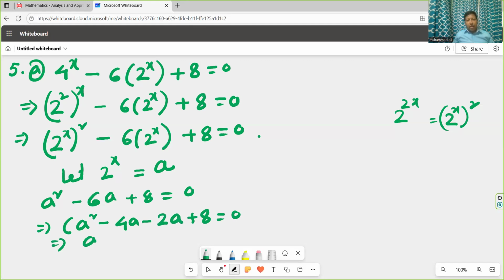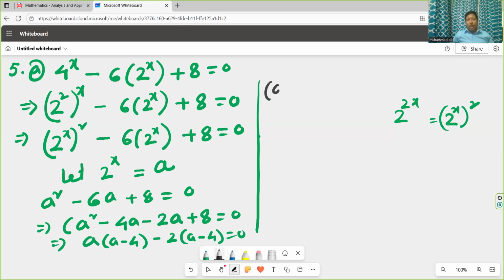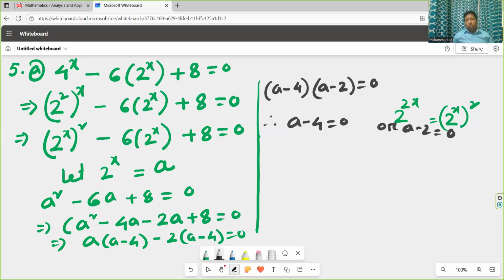After that, a common: a minus 4, minus 2 common: a minus 4 equals 0. So it will be (a minus 4)(a minus 2) equals 0. Therefore, a minus 4 equals 0 or a minus 2 equals 0.